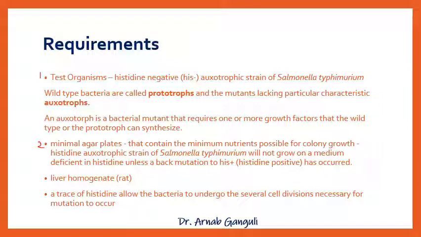Now, the third one is the liver homogenate, particularly rat liver homogenate, which is used for the Ames test. When a mutagen or non-mutagen enters our body, it is modified by the enzymatic reactions of the body. By this enzymatic modification, a non-mutagen becomes a mutagen, or a mutagen becomes a more potent mutagen or becomes a non-mutagen.